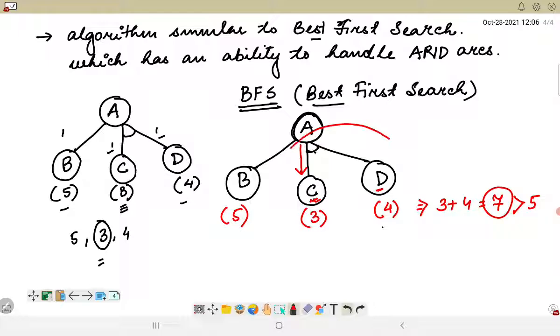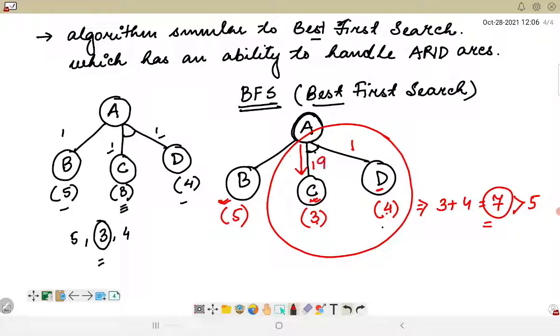So this solution will not be effective compared to the previous solution, the one using the OR search, because using the AND arc I am getting a cost of 7. It is not actually 7, it is 3 plus 4 plus 1 plus 1, which is 9, right?